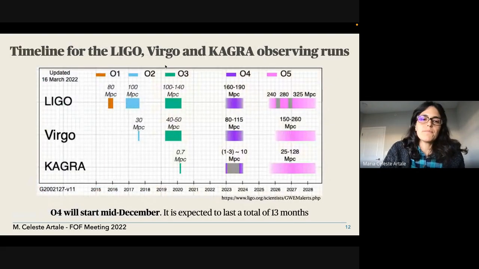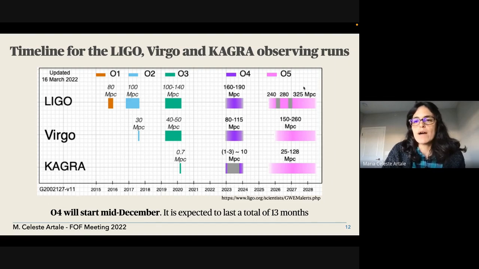Now in the future, the O4, the fourth run, will start this year in mid-December, and it is expected to last a total of 13 months. So we will have many more sources in the near future.